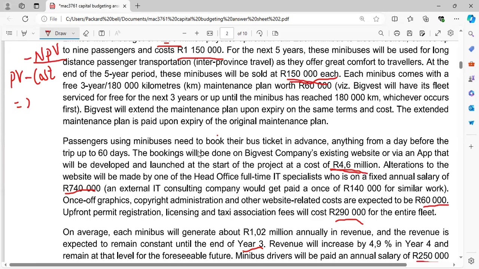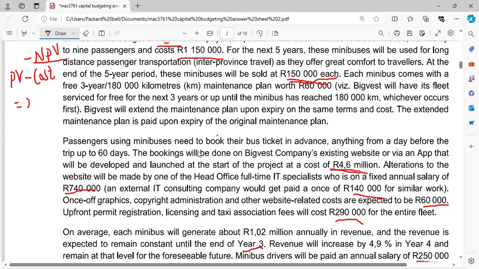Then they go on and say alterations to the website will be made by one of the head office full-time IT specialists who is on a fixed annual salary of 740. An external IT consulting company would get paid a once-off 140,000 for similar work. What are we going to do with this 740? Anyone with an idea? Is it part of the expenses for the project?